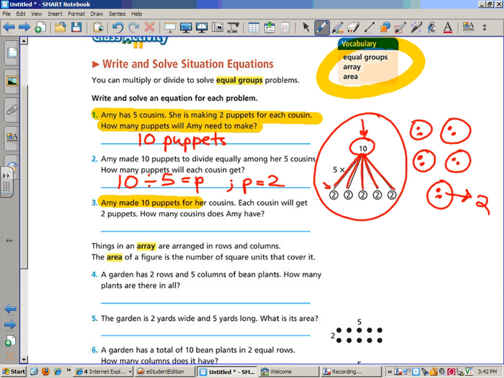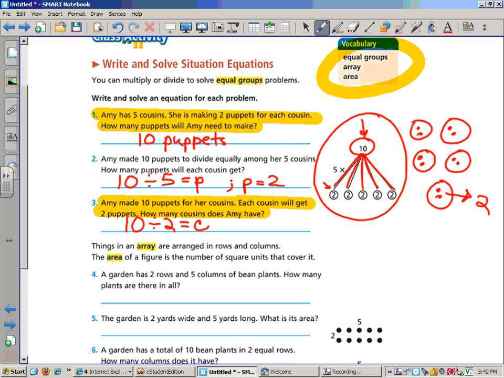Amy made 10 puppets for her cousins. Each cousin will get 2 puppets. How many cousins does Amy have? Okay, so you might be able to say, well, I recognize that I have 10 puppets total. That's the amount that I'm starting with, and I'm going to start spreading those out, 2 puppets each. So I'm going to divide it into 2, and that's going to give me the amount of cousins that I have.